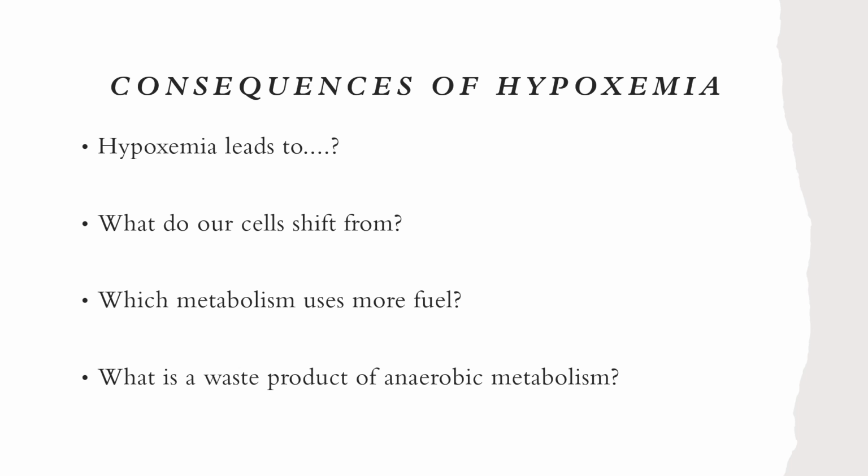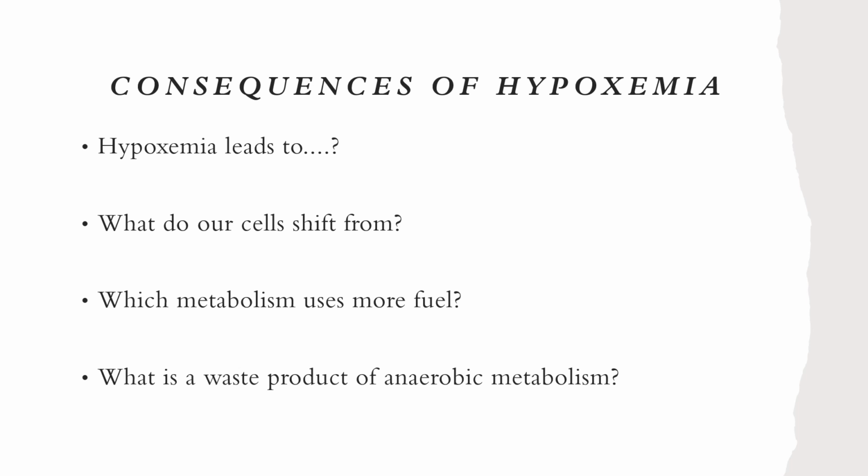What do our cells shift from? Okay, thinking of our cells, they're shifting from aerobic to anaerobic. So thinking air is good, aerobic, we want aerobic, but we're unfortunately shifting to anaerobic. If you think of N, no air, poor oxygenation, if that will help you at all.